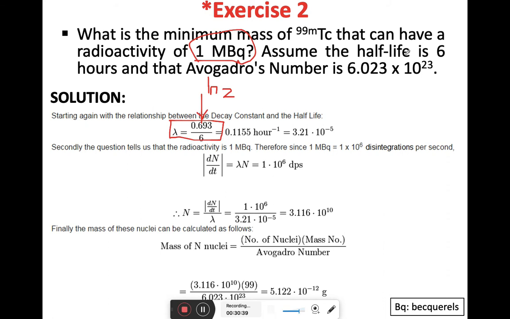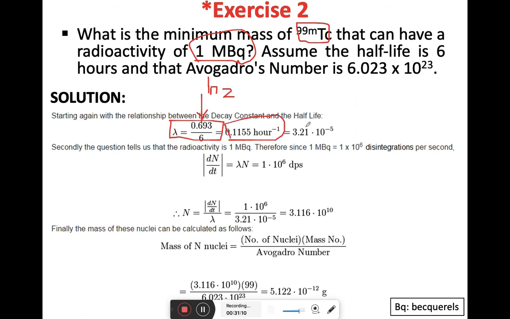We have the half-life of 6 hours, and Avogadro's number is 6.023 times 10 to the power of 23. We are still using the same element here, the Tc-99m isotope. When you plug in these values, you will get the result in per hour.